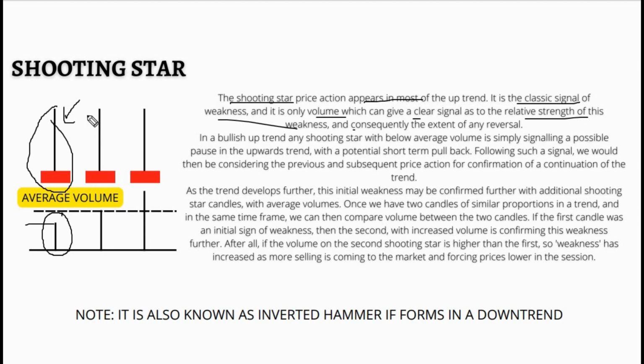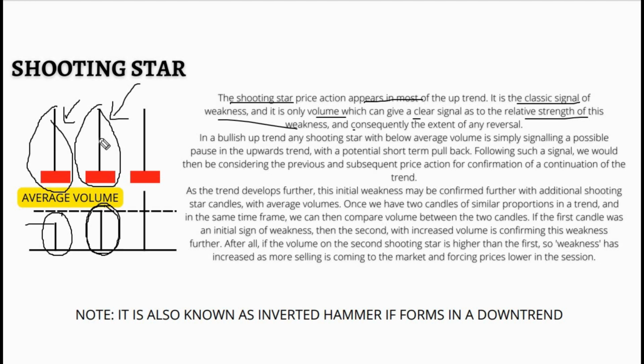Second one, same shooting star candle but the volume is of average size. Now we can say that yes, sellers are coming into the markets because the volumes are average sized and also there is a rejection of the higher prices.